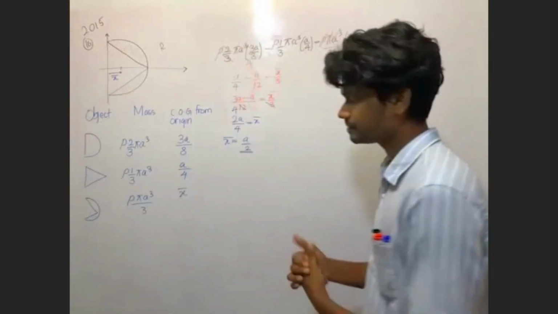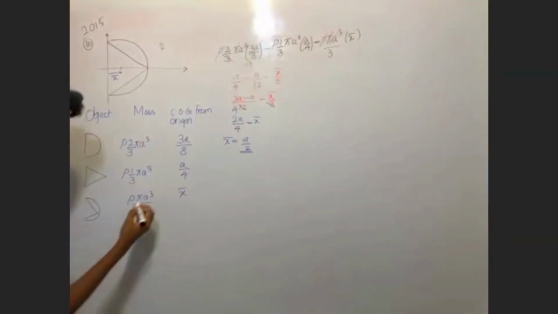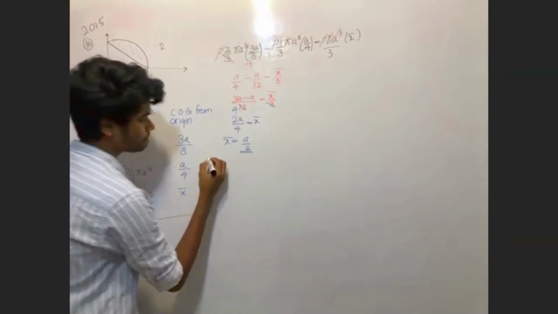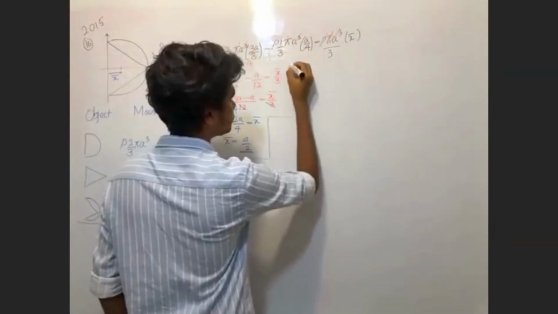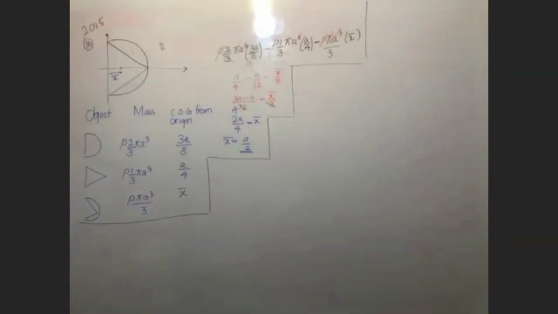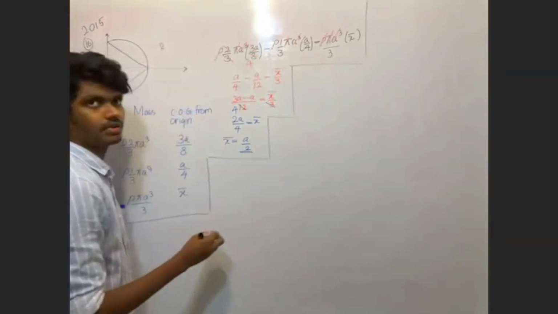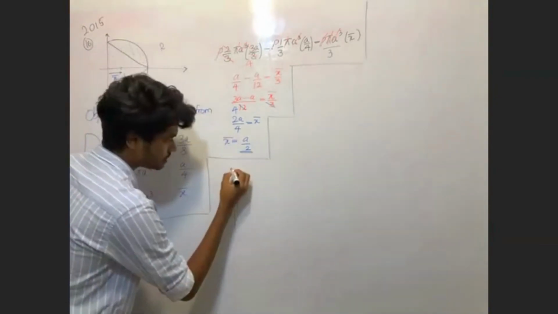Once again, the question is done from here. Once again, you have to go from here, right? So we'll draw the figure here. What is the figure? It's going to be like this.